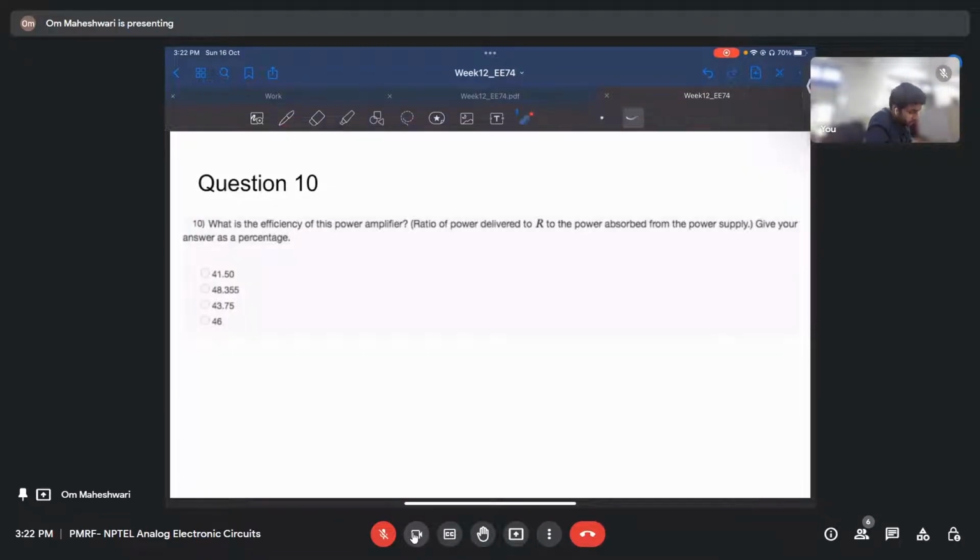So the next question is, what is the efficiency of this power amplifier? That is the power delivered to power absorbed ratio, and you have to give the answer as a percentage.